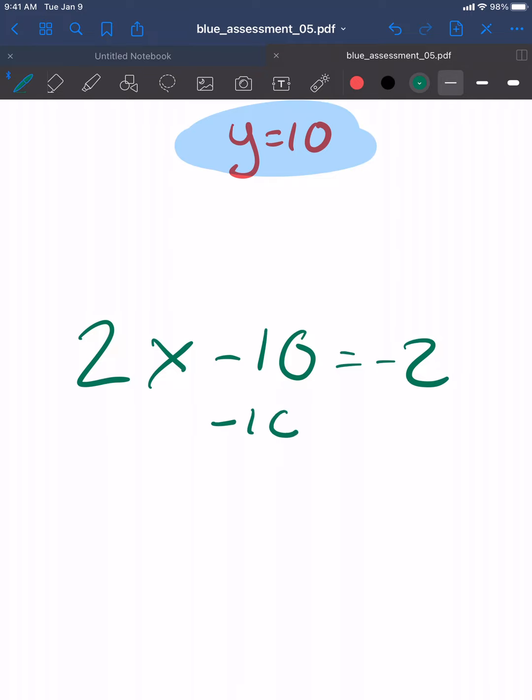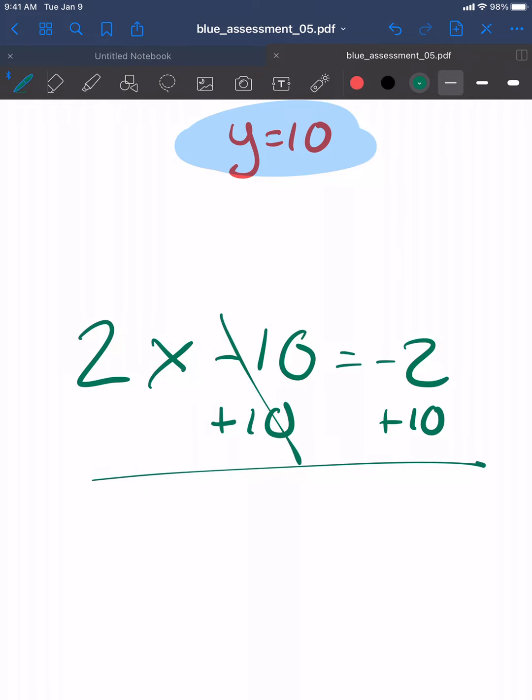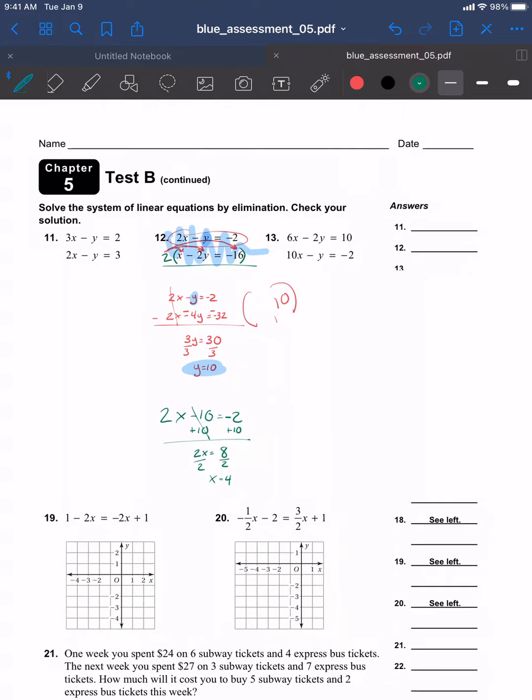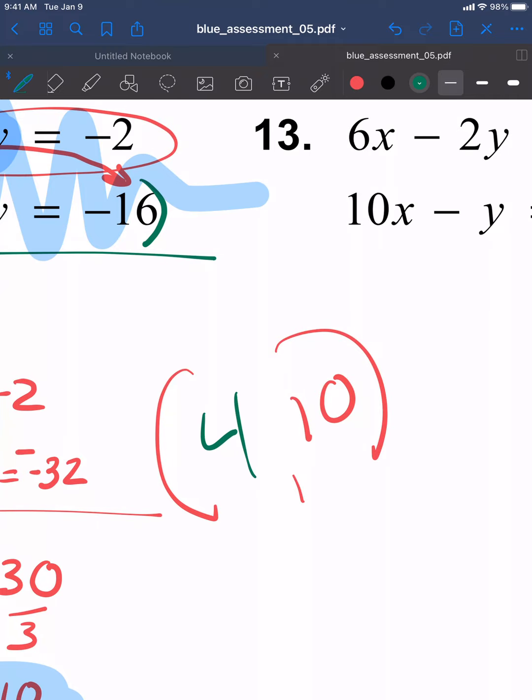Plus 10. Okay, plus 10? Yeah. 8. Very good. Signs are different, so we subtract. And divide by 3. x equals what? 4. Woo! So my final answer is 4, comma 10.